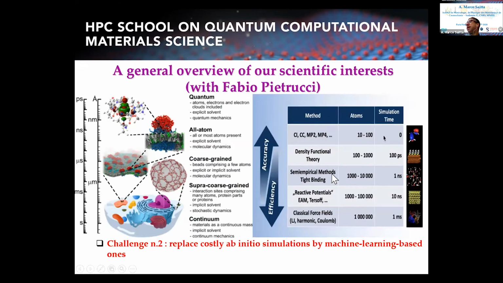To put it in a nutshell, when we have very good accuracy beyond DFT, we only have small systems and basically no dynamics. When you do DFT, you lose in accuracy, you have larger systems and short dynamics, and ideally you would like to have quantum accuracy but classical force field efficiency to deal with millions of atoms and microsecond trajectories. So that's why we do machine learning.